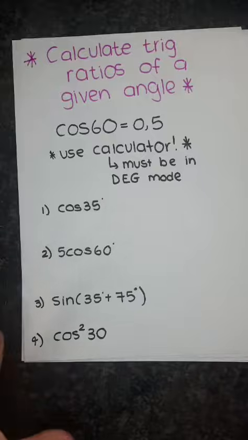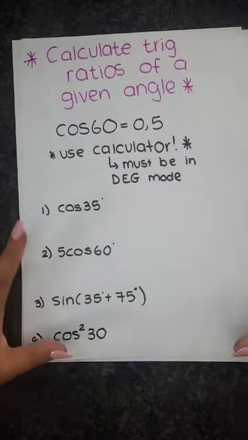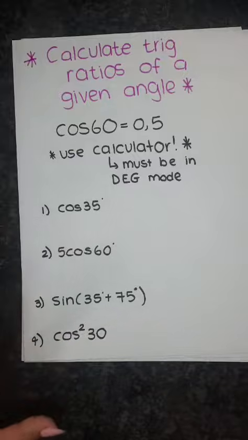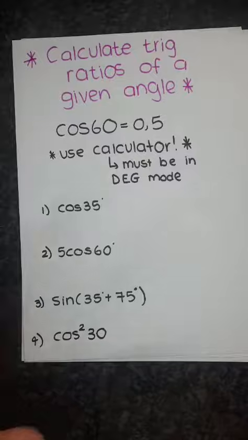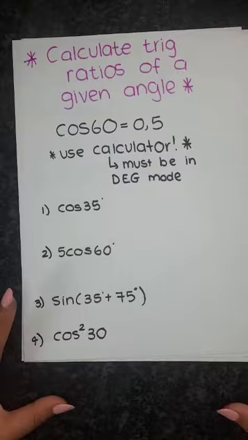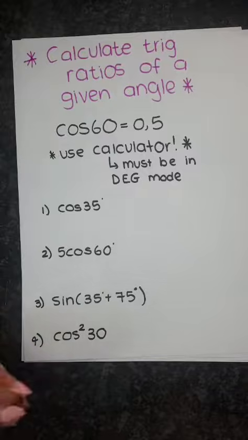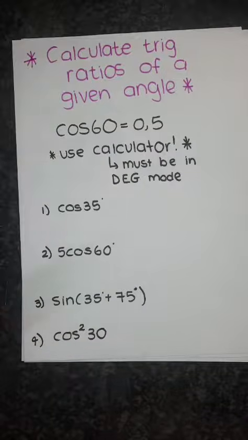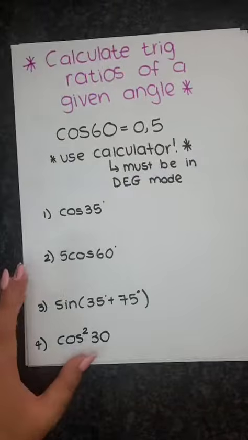However, and this is a big however, when you learn special angles, which I hopefully will show you in this video, and they ask you to calculate the trig ratio of a given angle using special angles without using your calculator, then you need to use your triangles. And you cannot use your calculator. However, in this exercise, I'm telling you to use your calculator.